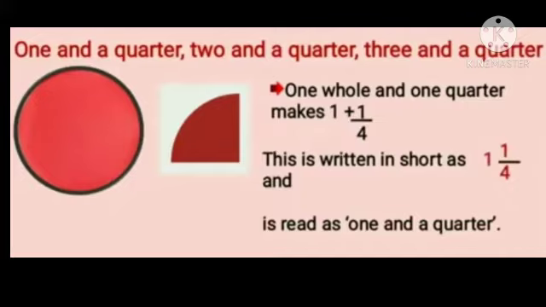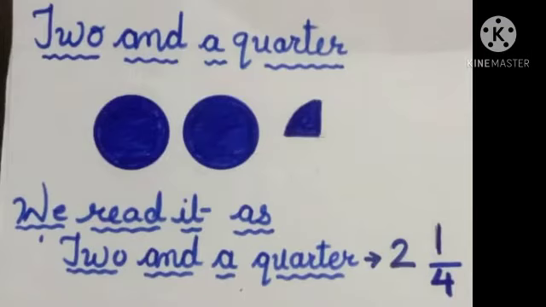First we will see the 1.25 part. See, if we take 1 whole and 1/4, when we combine both, it will make 1 plus 1/4. This is written in short as 1 and 1/4, and it is read as 1.25. Now we'll see 2.25.